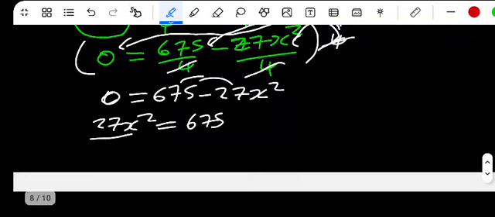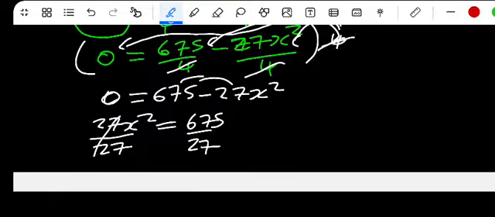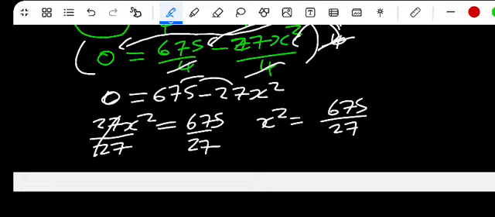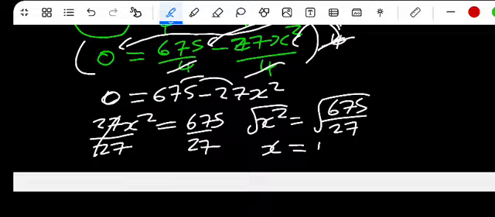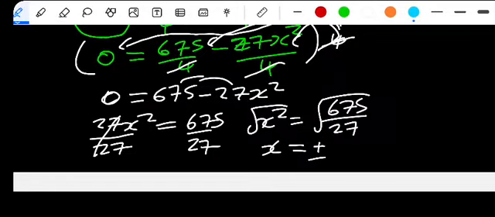Alright, so I'll divide by 27 both sides. So I'm left with x squared equals 675 divided by 27. Then I'll take the square root both sides. But take note, do not forget when you're taking the square root, you'll have plus or minus if you have an equal sign. So I'm taking the calculator. 675 divided by 27 gives me 25.